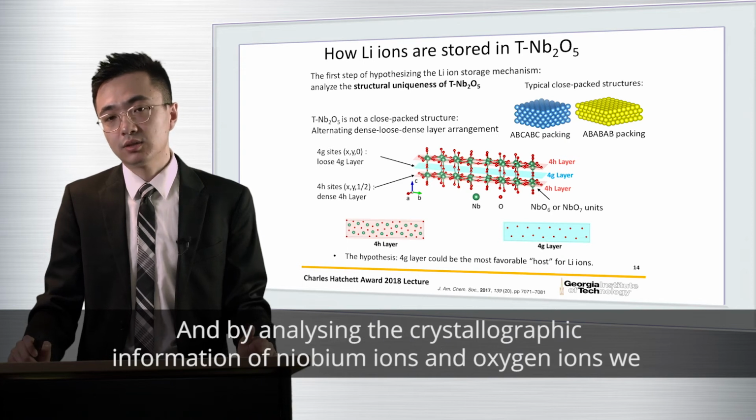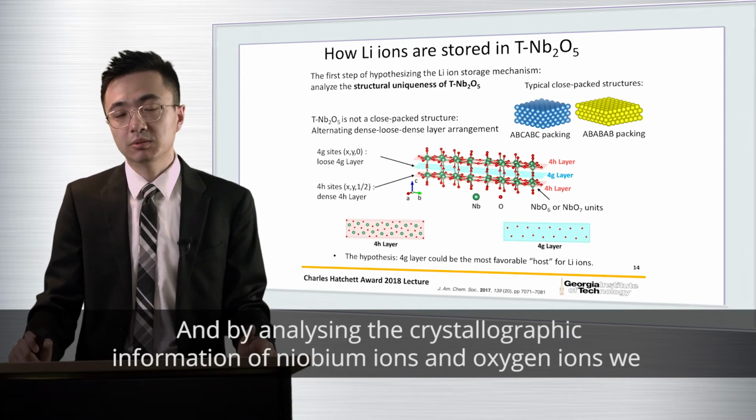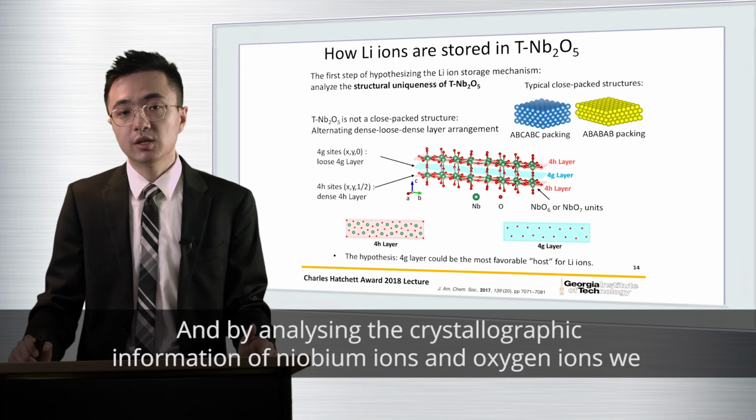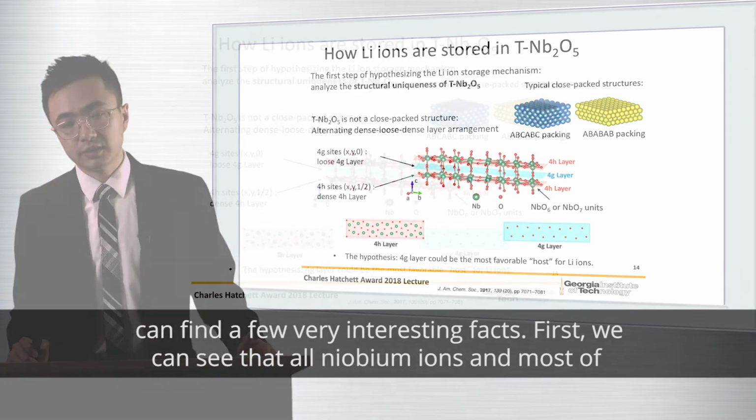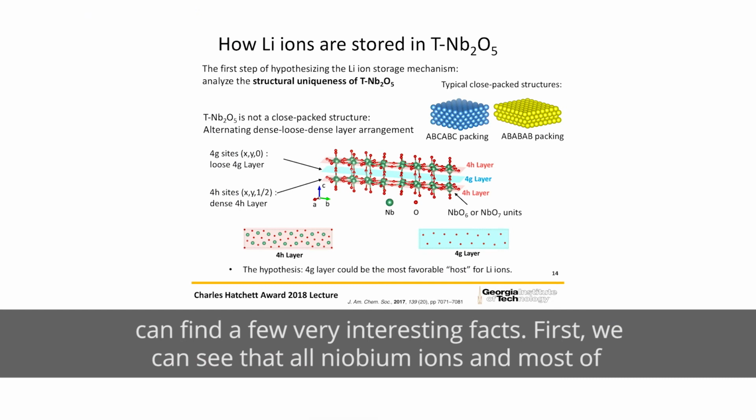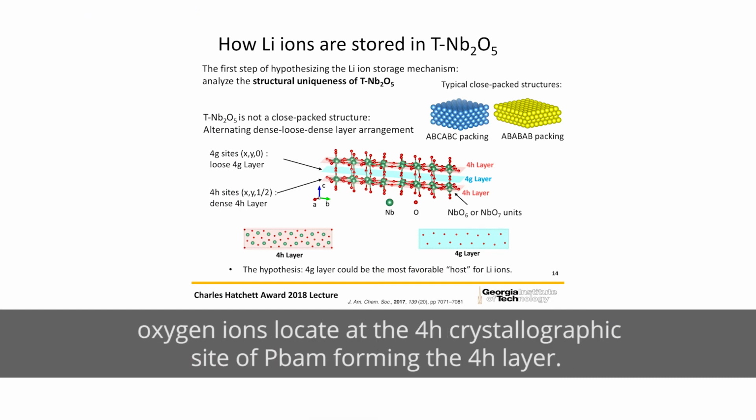And by analyzing the crystallographic information of niobium ions and oxygen ions, we can find a few very interesting facts. First, we can see that all niobium ions and most of the oxygen ions locate at the 4h crystallographic sites of Pbam, forming a 4h layer.